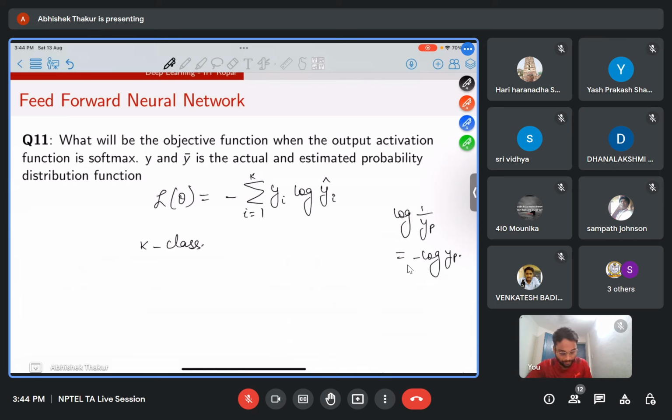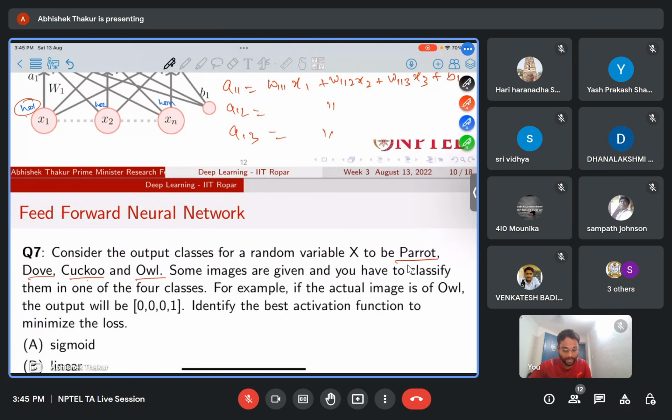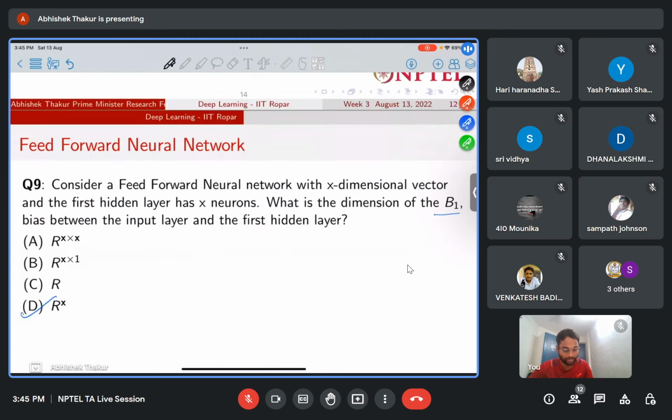So our output vector: let's suppose in the previous question there were four birds given, and the output was 0001. If you know that the bird in the figure which is given is the owl, the output will be 0001.